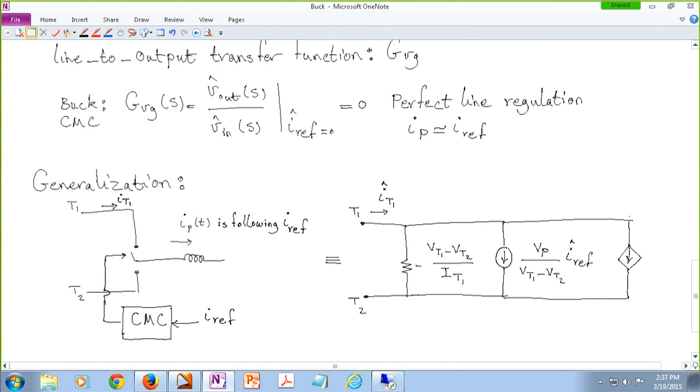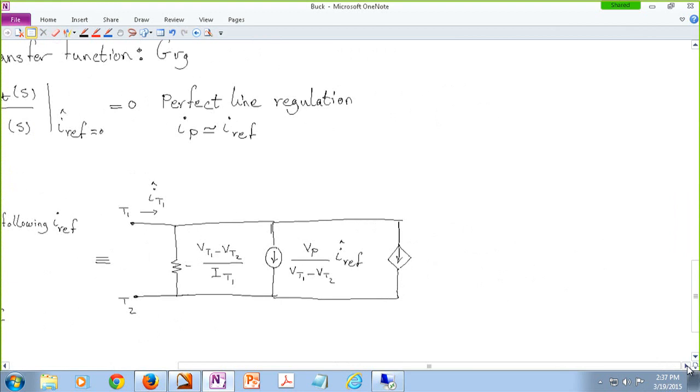So IREF is IREF, V in is VT1 minus VT2. So let me write it in this way, times VP perturbed.